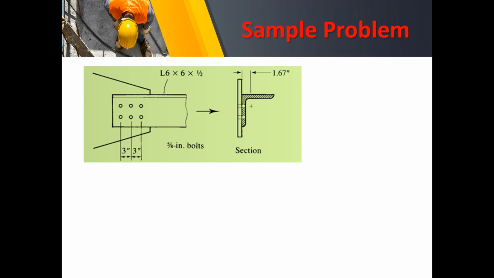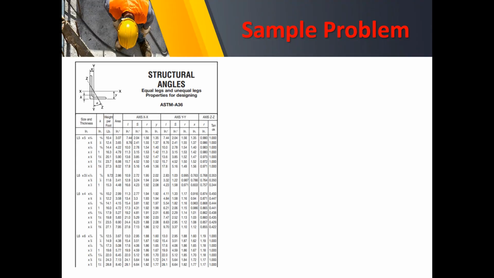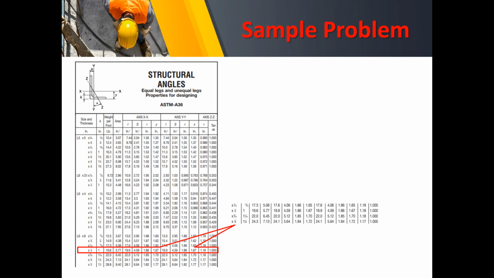Hence, we need to get your x-bar, or the centroid, from the plane of connection, that is 1.67. So where did we get that one? Of course, that can be found again through the ASTM A36 table, wherein we have here L6 by 6 by 1/2 inch thick.